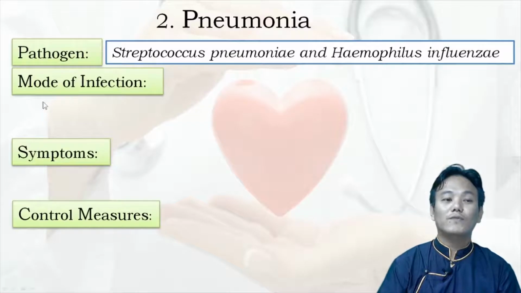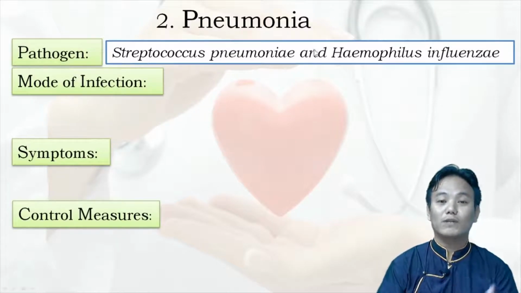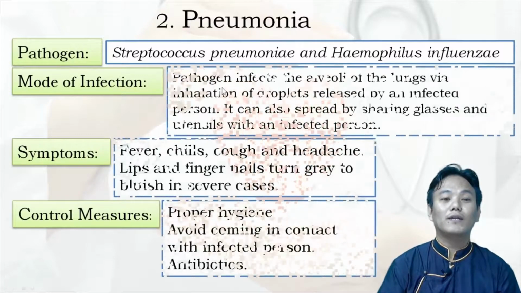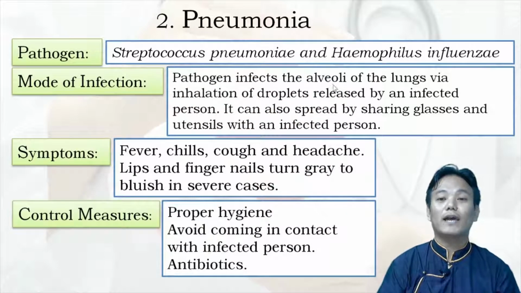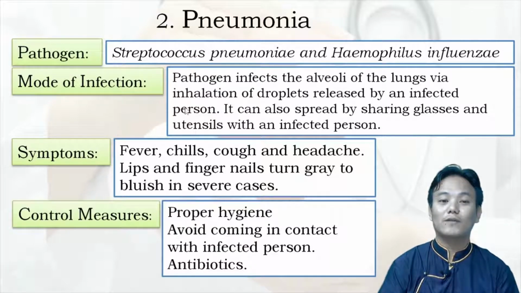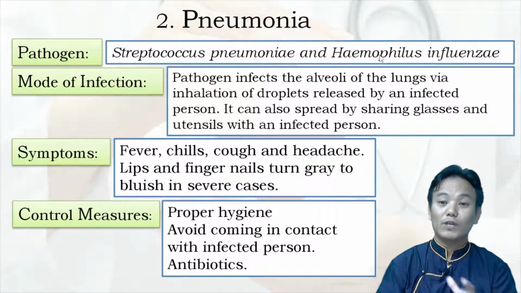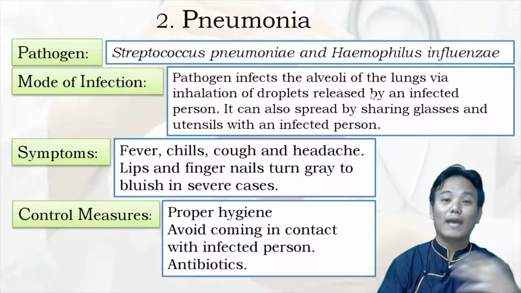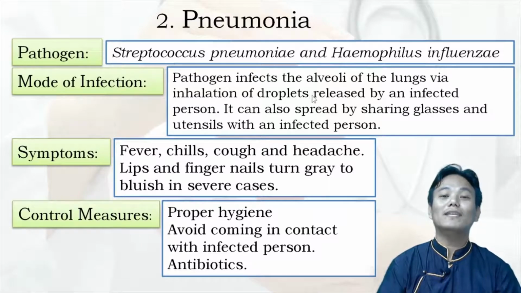If you talk about the mode of infection, how do these bacteria spread from person to person? The pathogen infects the alveoli of the lungs via inhalation of droplets released by an infected person. So Streptococcus pneumoniae and Haemophilus influenzae infect the alveoli of our lungs when we inhale the droplets released by an infected person.